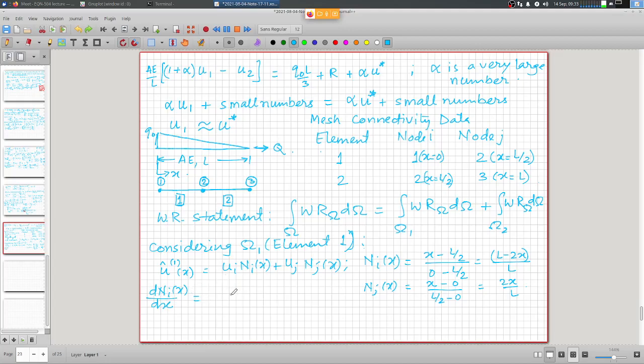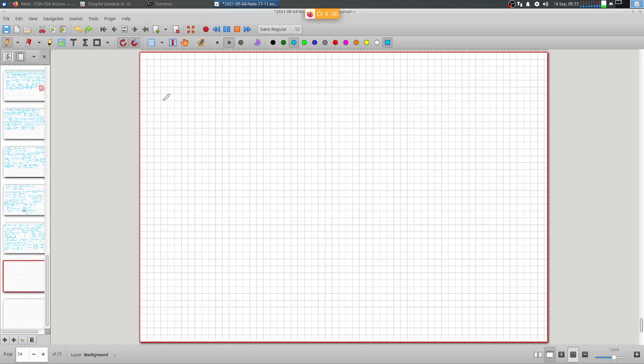So dNi by dx is equal to minus 2 by L, and dNj by dx is equal to 2 by L. With this, we can write the weighted residual statement.